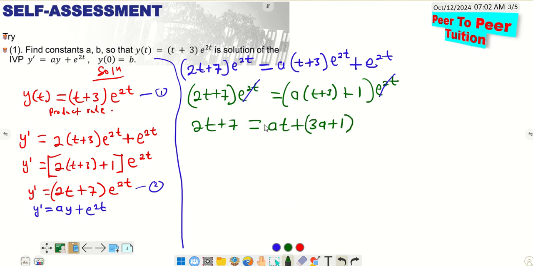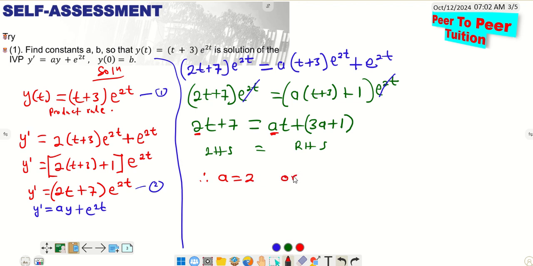Now you can see from here that since the question says this is a solution, it means that our left hand side should be equal to our right hand side. And this can only happen if the coefficient of t, which is 2, should be equal to the coefficient of t here. Therefore, you could see that a is equal to 2.